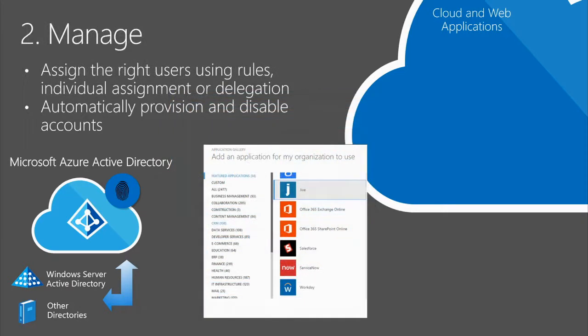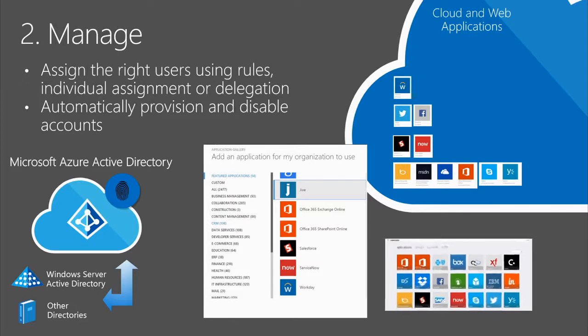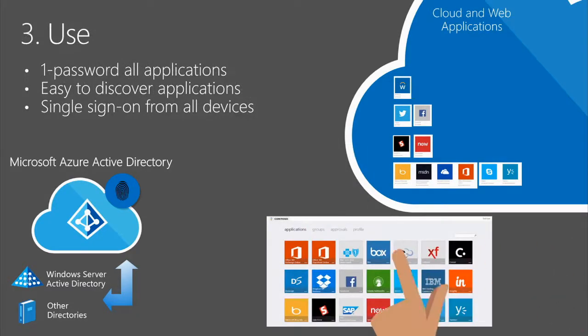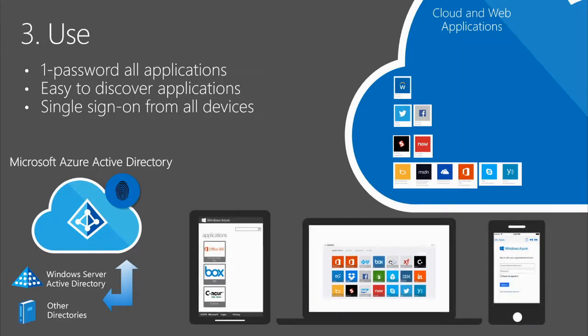And you do that through the managing part, where you begin to assign the users to the applications. We'll go into a lot more depth on this, and then give them the single sign-on for that. The end user experience is one password for all the applications. It's easy to discover the applications, with single sign-on from devices like iPhones and Androids. So it basically gives you a comprehensive view.